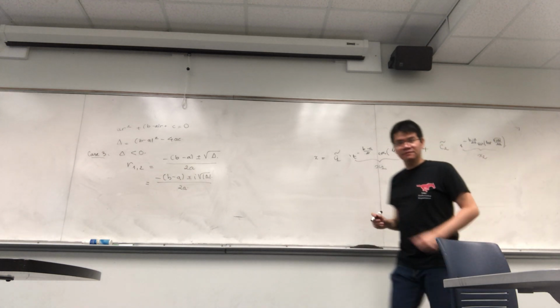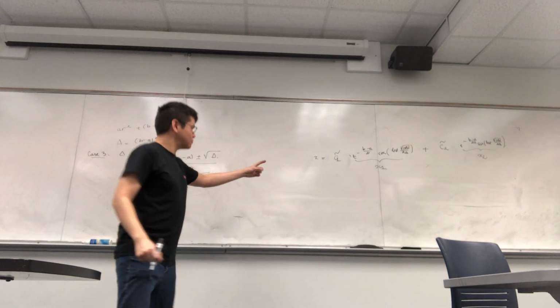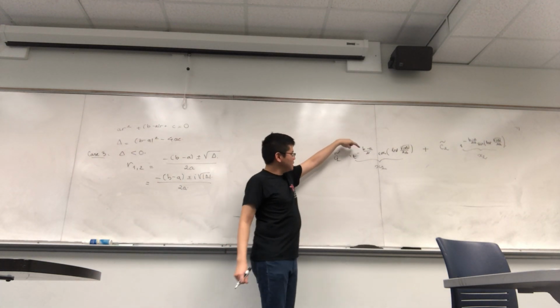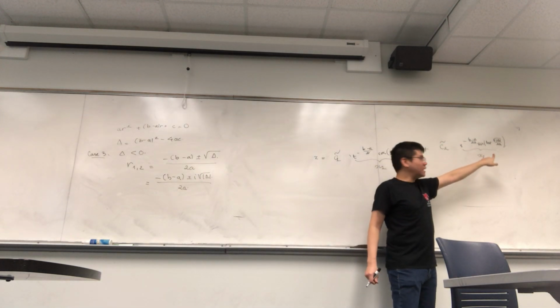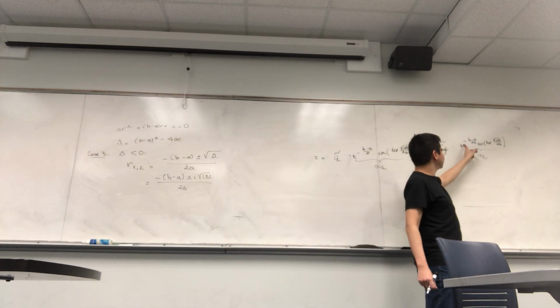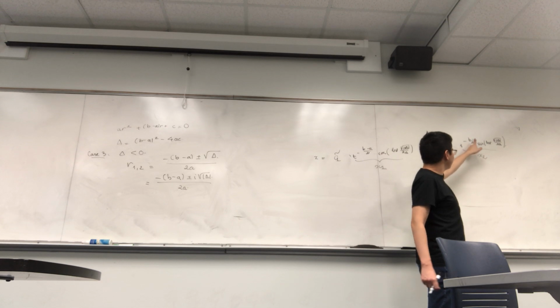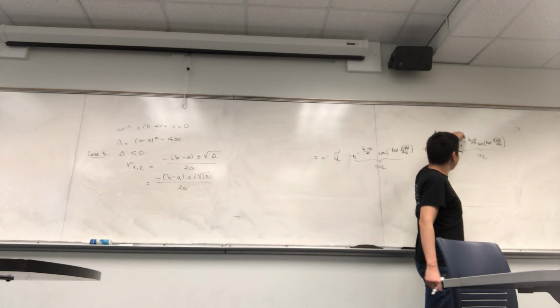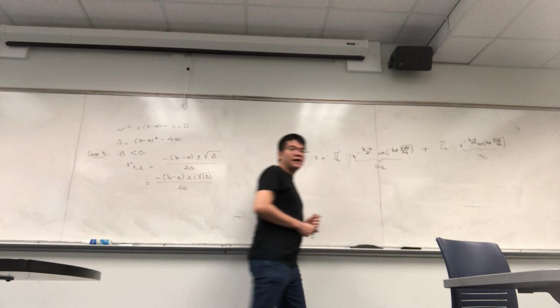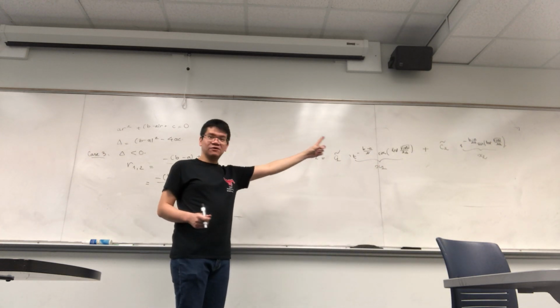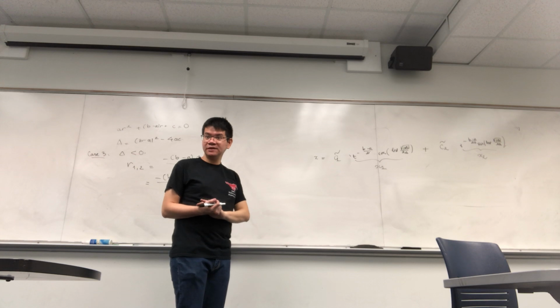So you define the new x1 to be t to the power minus b minus a over 2a times cosinus, and the new x2 to be t to the power minus b minus a over 2a times sinus, and then the general solution will be the linear combination of the two.